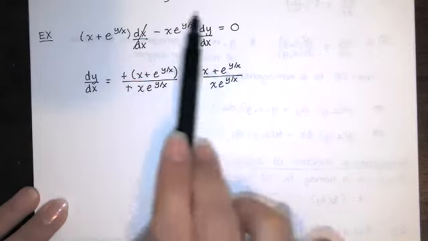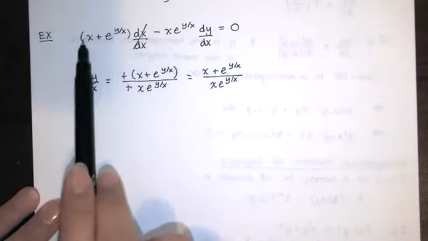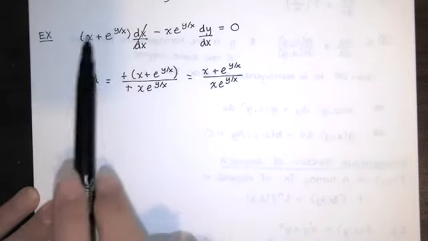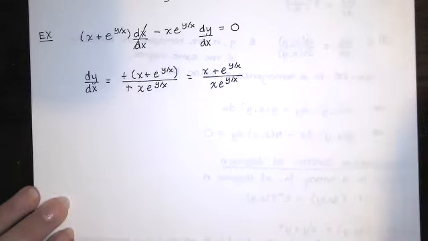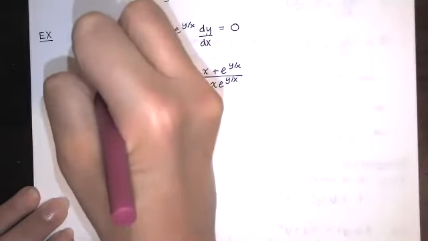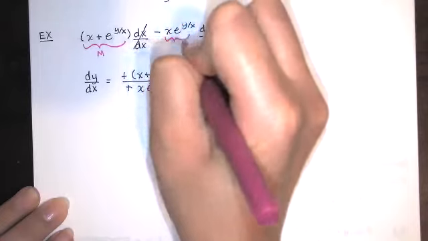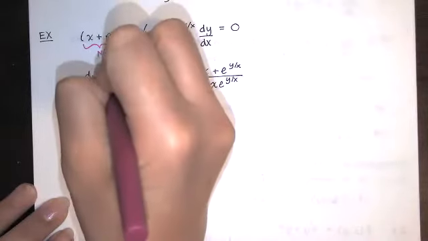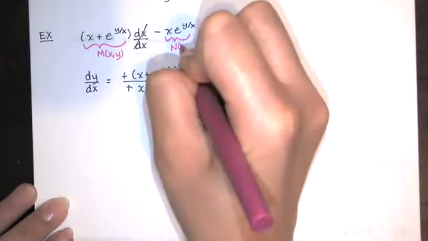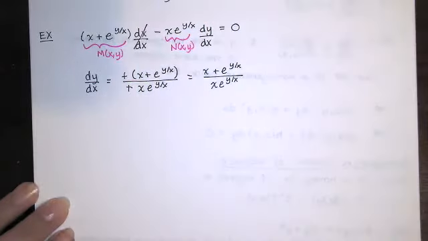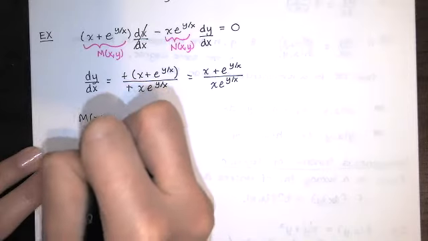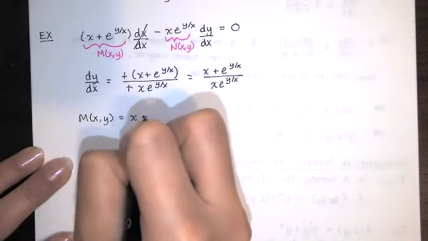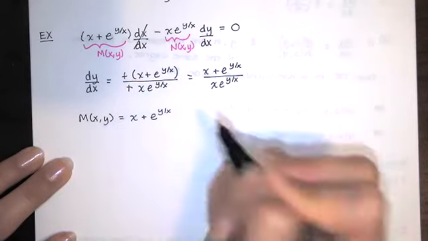Or I could just focus on this function and ask myself, is this a homogeneous function? I'm going to need a label. I'm just going to use m and n here. So I'll call that m of xy and this n of xy. So m of xy is x plus e to the y over x.